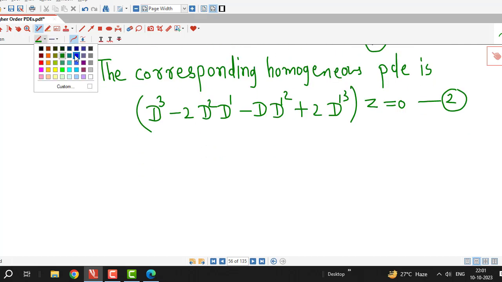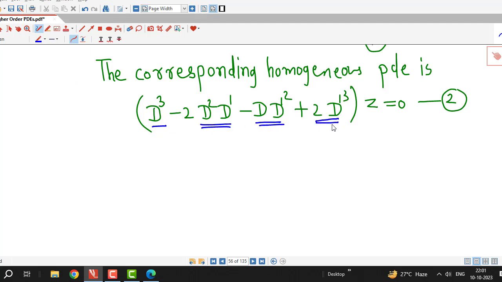For that, first we observe that the degree of each term is the same, therefore this function is homogeneous.